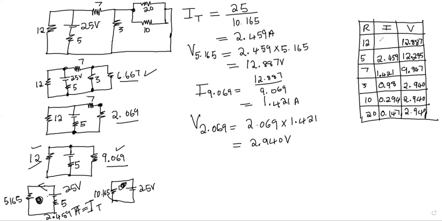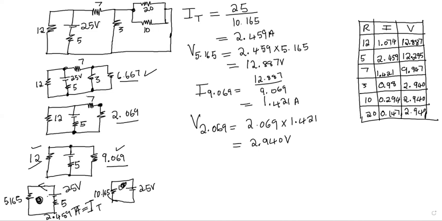Therefore, the current through 12 ohm is 1.074. So we are done. Our table is complete.